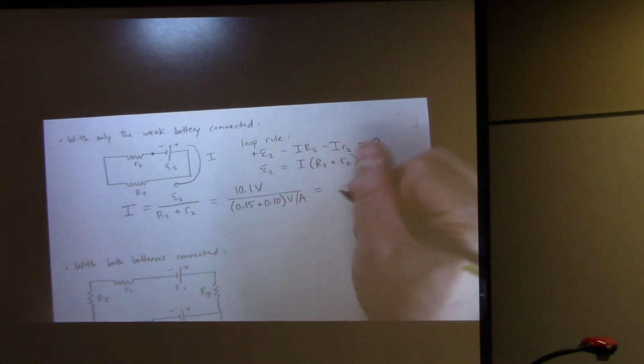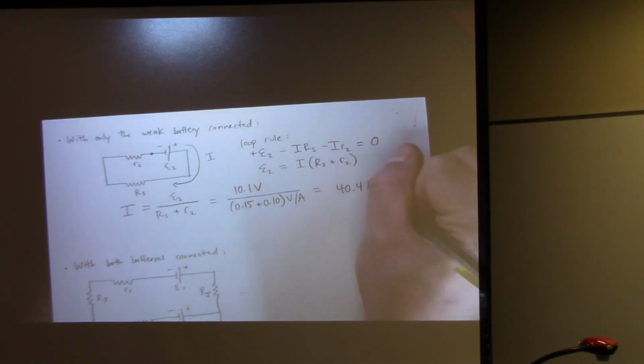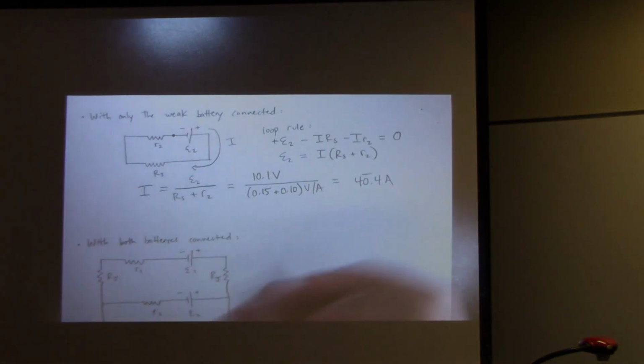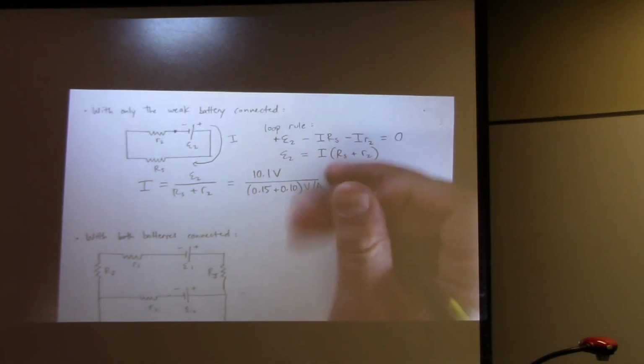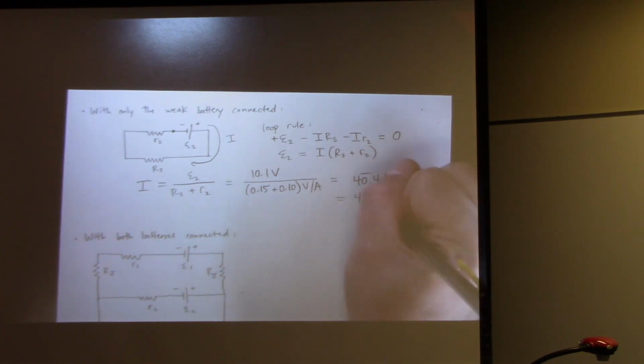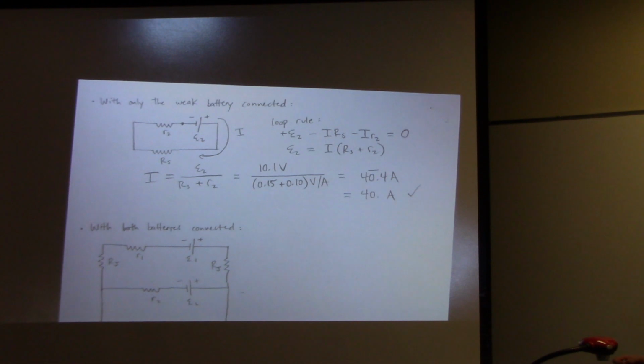You do the calculation, and you should be getting 40.4 amps. Technically, we're going to keep two sig figs here because of the two sig figs in the denominator, and so we could round this off to a nice 40 amps.